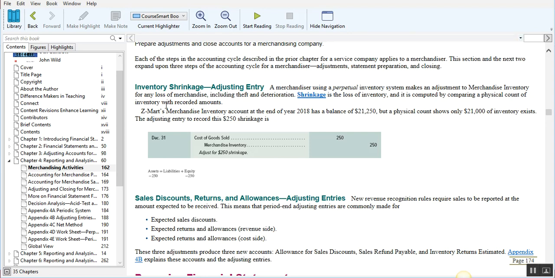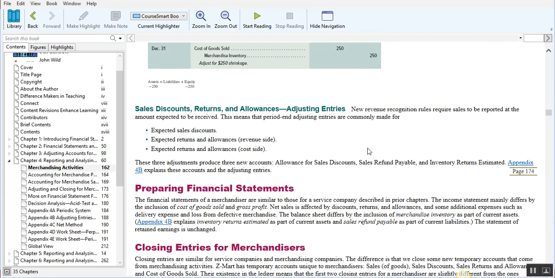But here they talk about Z-Mart having a balance of $21,250, but the physical count only shows $21,000 in inventory. So we're going to do an adjusting amount of $250 to basically reduce inventory. This is going to be attributed to shrinkage. So we're going to debit that to cost of goods sold, because we don't know what happened to it, and credit merchandise inventory to show that reduction.